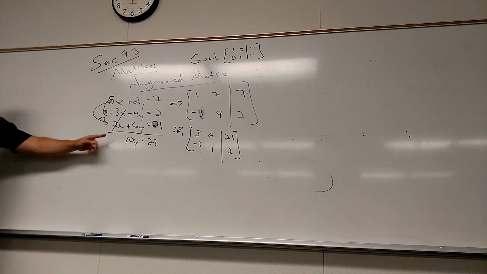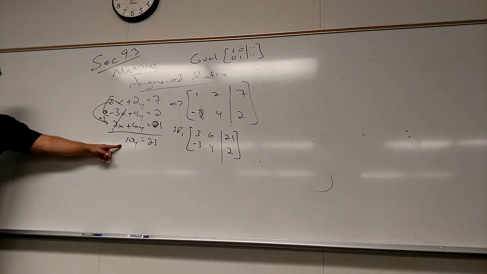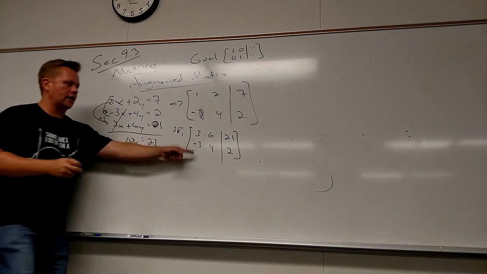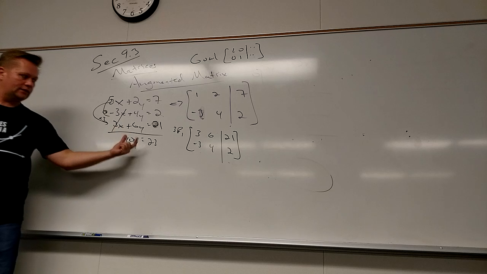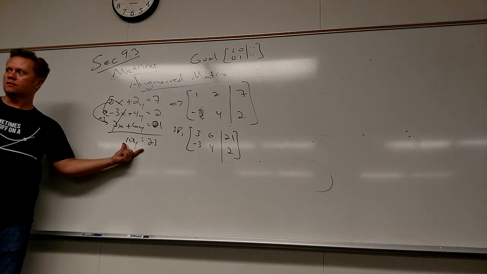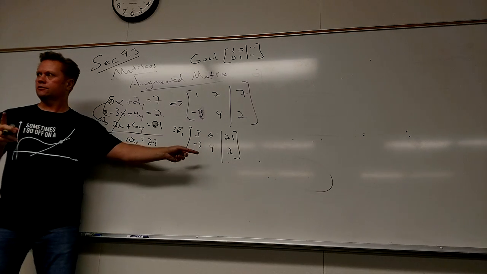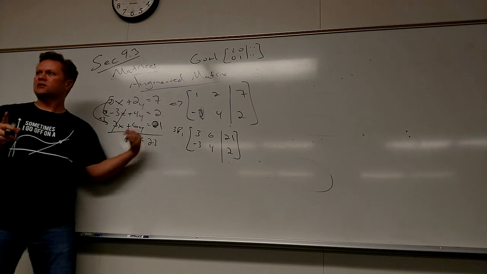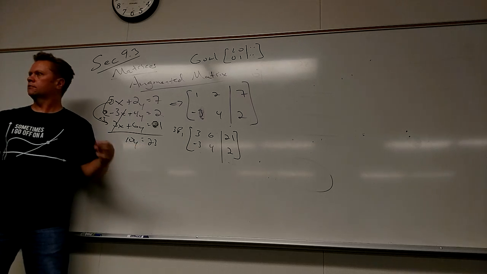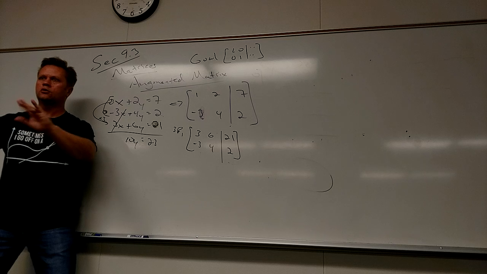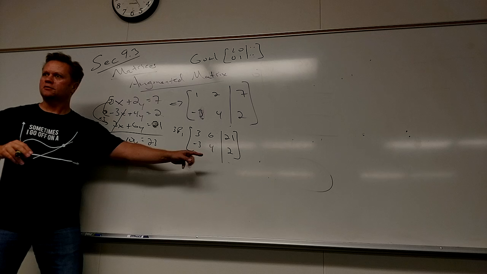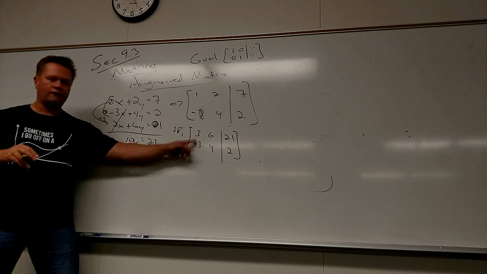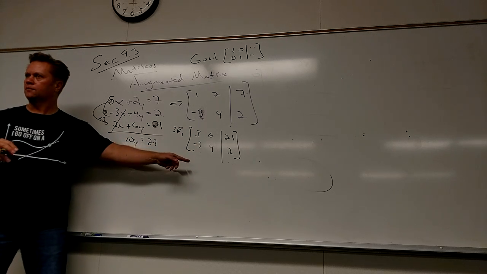Everybody should be with me because that's old news. Now, what does that look like in the matrix? I just add these rows together, but I have to tell myself where to put the answer. This is better than either one of those because it's lost a variable. Is that cool? So I can overwrite either one I want. Do you notice there's going to be a 0 in that first spot when I add those together?